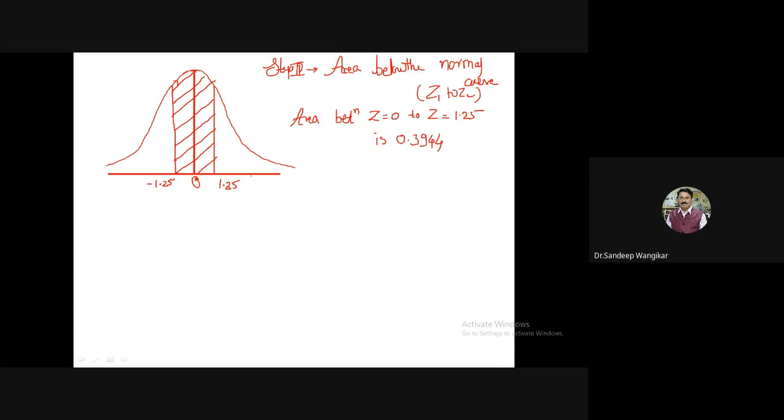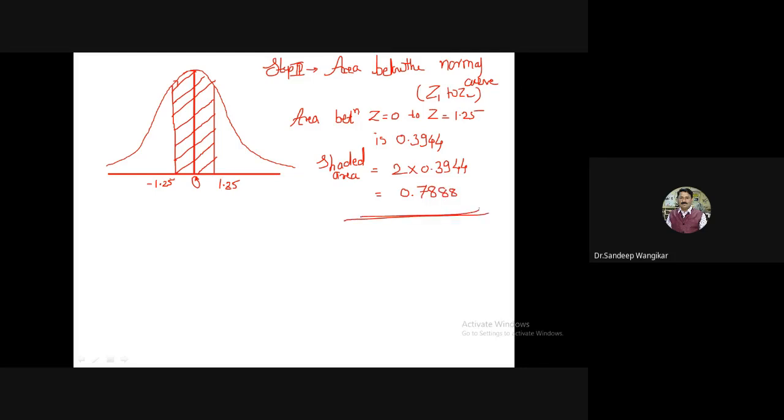So total area becomes, or whatever I can say here, the shaded area. Shaded area is equal to 2 into 0.3944. So the area under curve will be 0.7888.